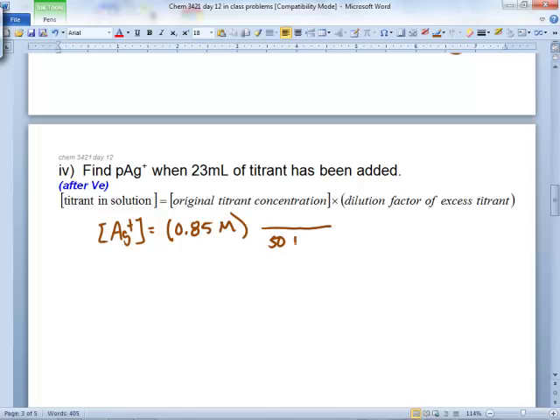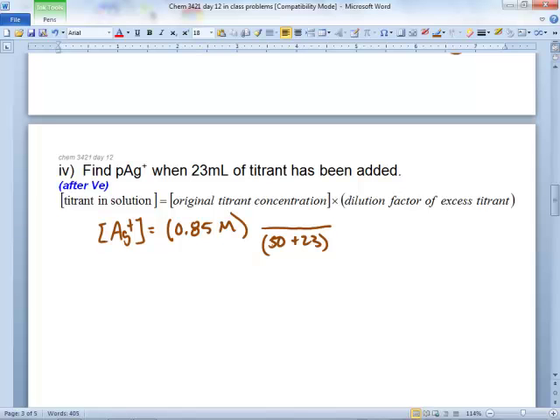Okay. Now it's the dilution factor of the excess. So how do you get the excess? It's a dilution of the excess. It's not this whole thing.